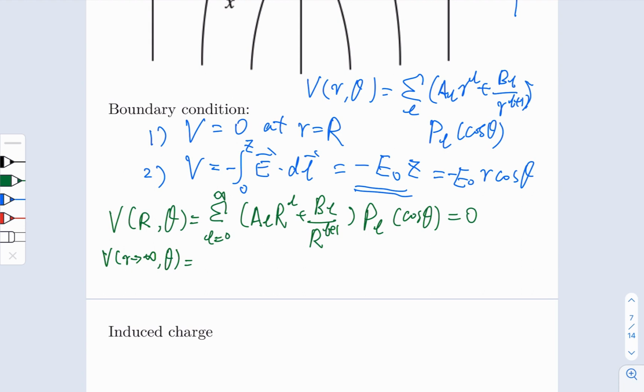But let's first take a look at the general expression. So here, the general expression is something over here, right?